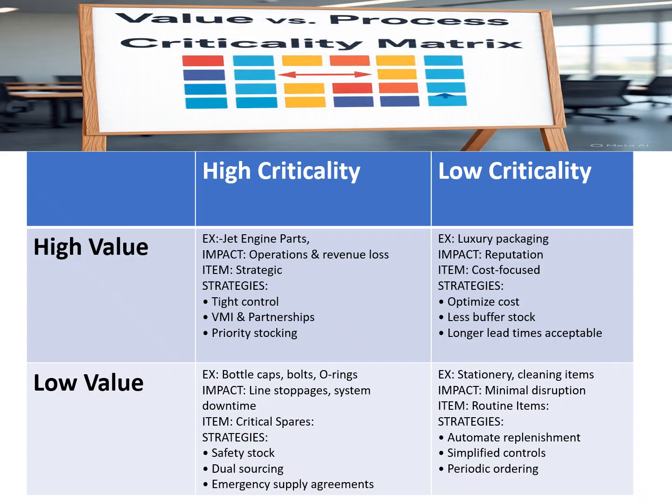So we analyze each quadrant with clear examples and an optimal inventory strategy for each. This value versus process matrix framework offers a more granular and actionable view than simple ABC categories.